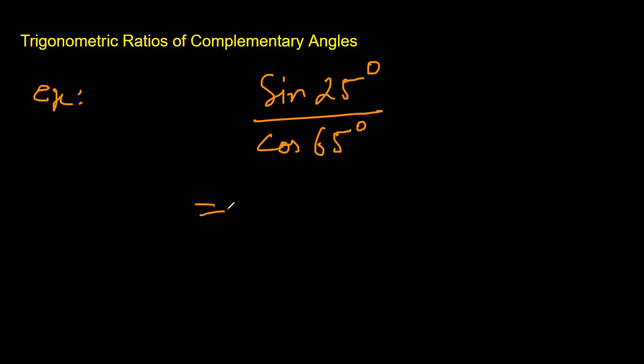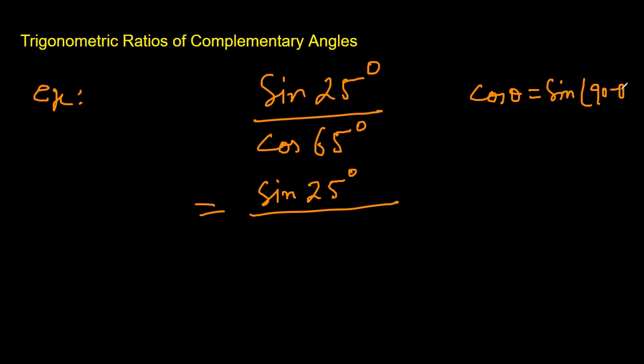So what we are going to do is keep one of them as it is, say sine 25 is 25 only. And in place of cos theta, we had the identity: cos theta can be written as sine of 90 minus theta. We are applying this formula to change one of them into the other. So cos of 65 can be written as sine of 90 degrees minus 65.